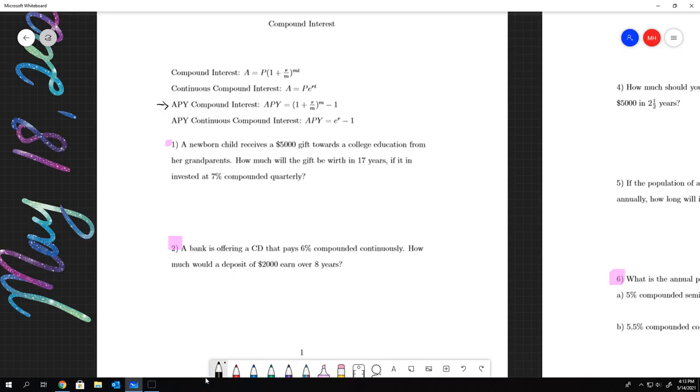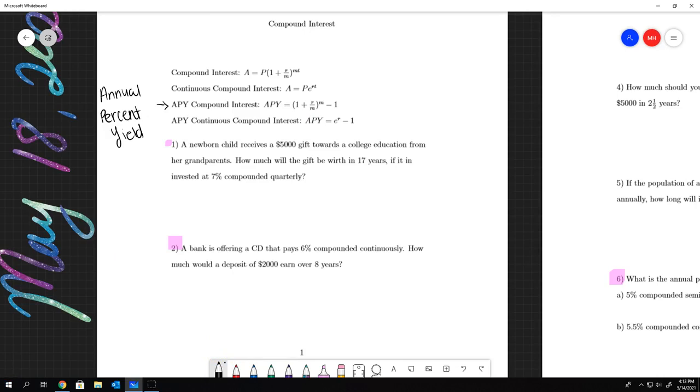So APY is annual percentage yield. So that's all APY stands for. It's the amount of money that you make off of your compound interest.